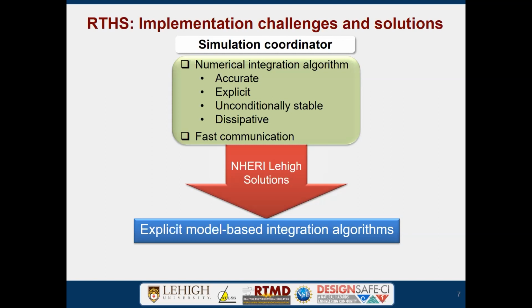Also, we prefer to add some numerical damping inside the integration scheme, because you always get noise from the experimental lab, and that noise can give you unstable behavior during the simulation. That's why we prefer a new solution, an experimental model-based integration algorithm. We call this method the explicit modified KR-alpha method, or MKR method.